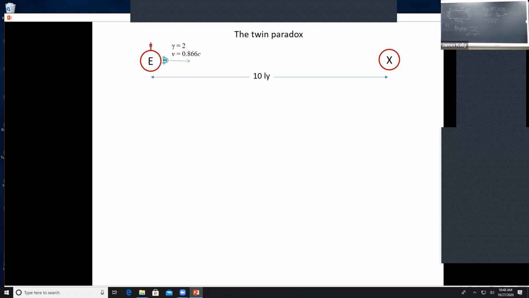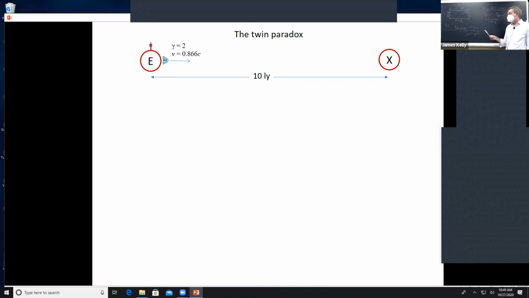All right, so what you're supposed to do here is imagine there's identical clocks on the rocket, so that I'm labeling as R here in this little chart down below. R is the rocket clock, E is the Earth clock, and X is the planet X clock, and they all read in years.